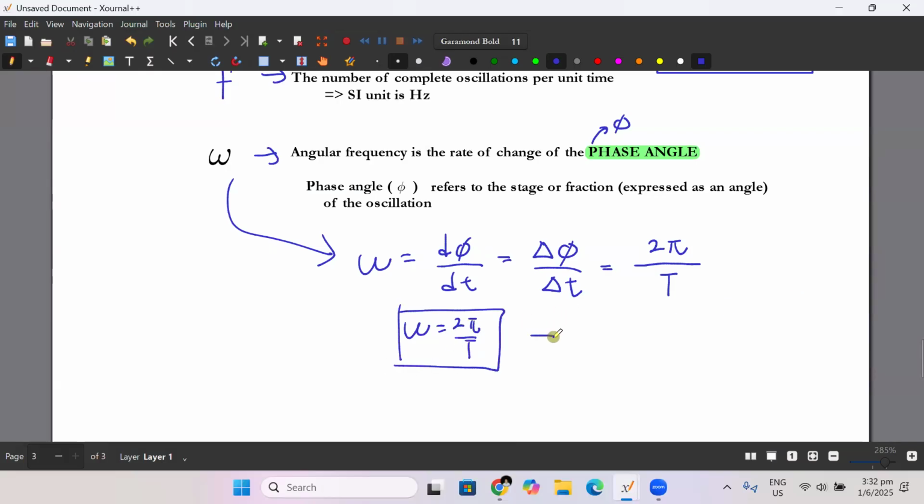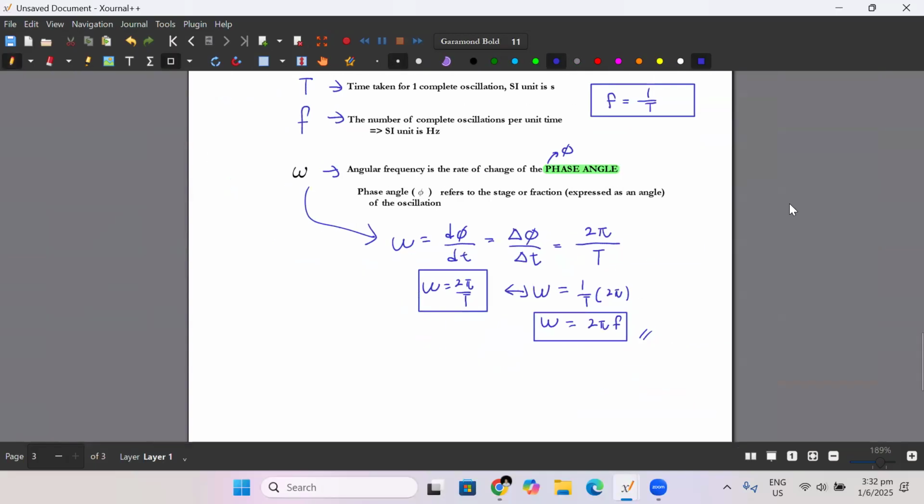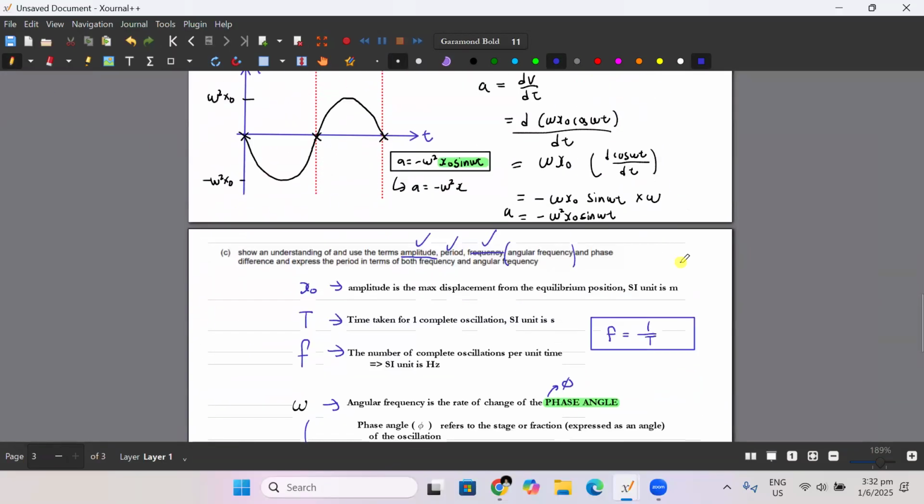No surprise, you can factorize out the 1 over T, then you get 2 pi f. So this is another formula. Quite intuitive. What else do I have to cover?